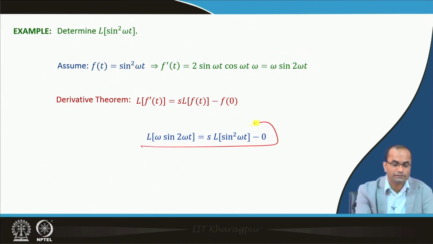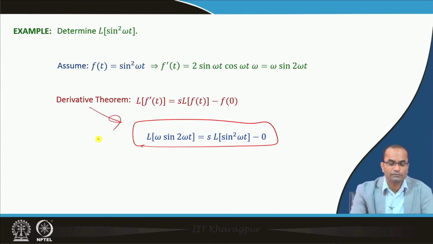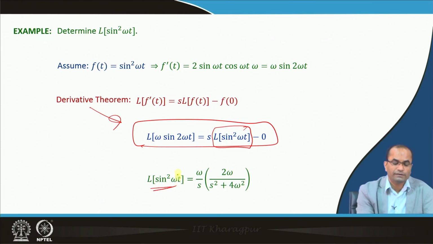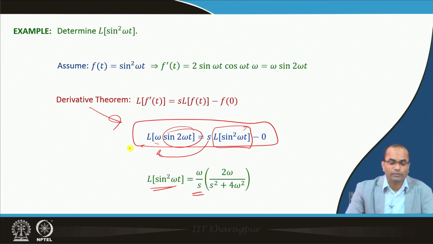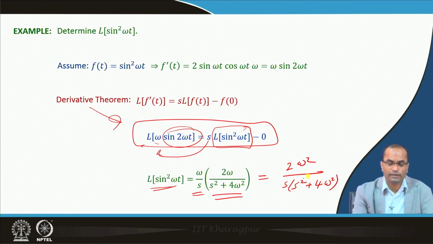So, we have this due to the derivative theorem, and then for the Laplace of sine square t, this s will go to the other side, and then the Laplace of sin 2 omega t is 2 omega over s squared plus 4 omega squared, which we can write as 2 omega squared over s times s squared plus 4 omega squared.